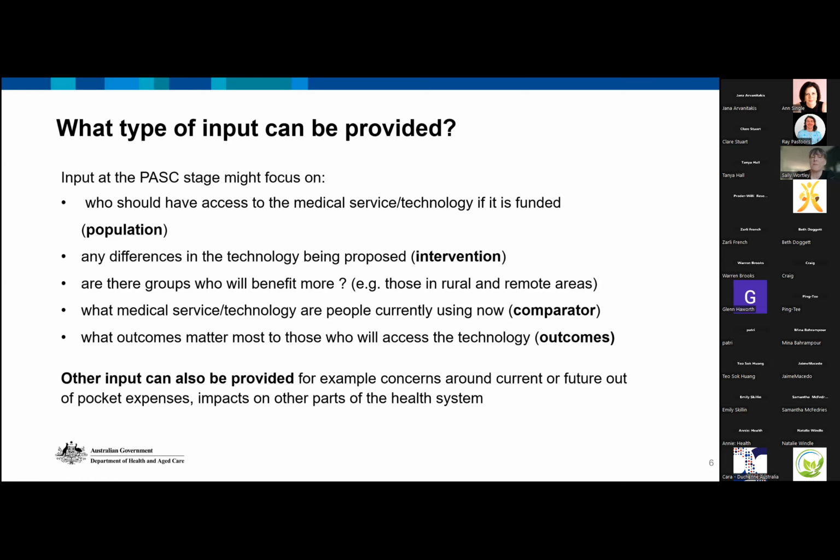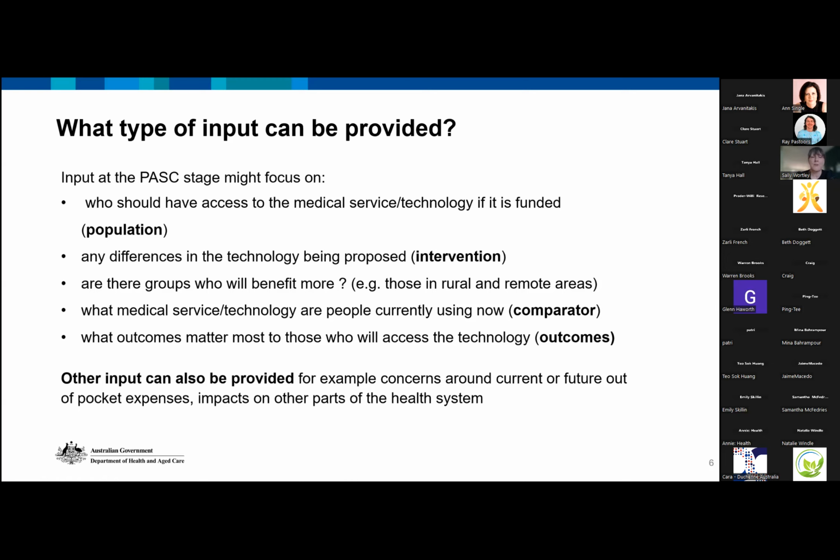And what outcomes matter most to those who will be accessing the technology? So the outcomes. Is it a reduction in pain? Might it be survival? What are the outcomes that matter most? These are the elements of the PICO. And this, as Jana was saying, can shape what's going to be put forward in terms of the assessment report.